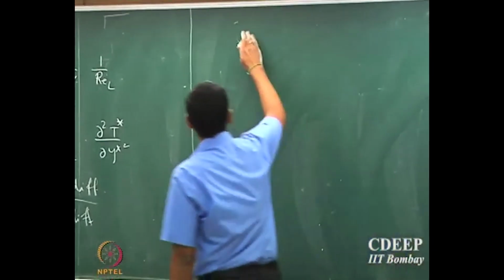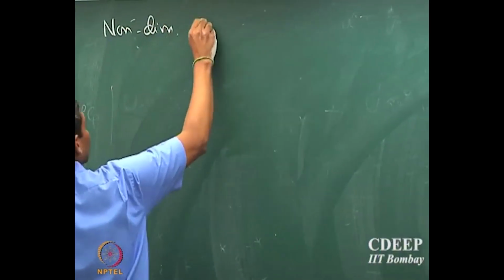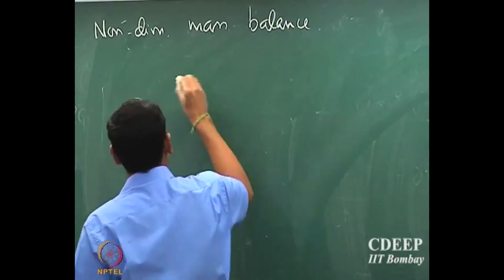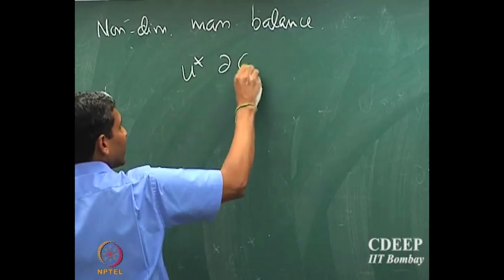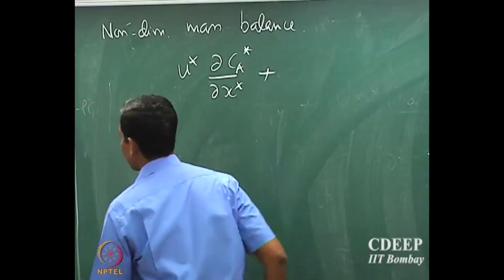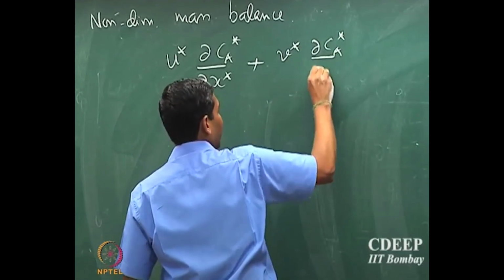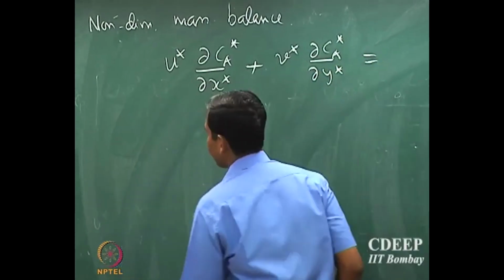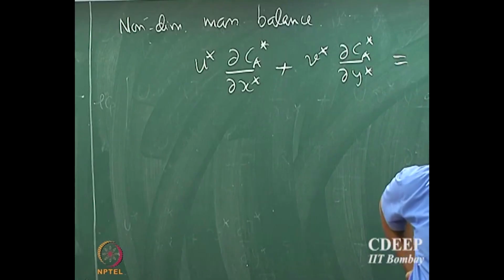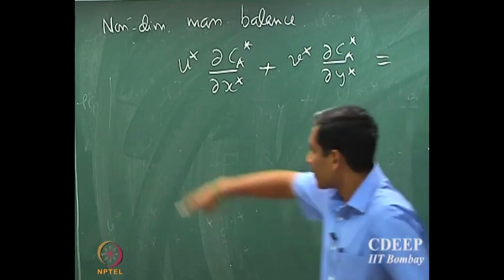Okay. So, the non-dimensional mass balance will be U star dCA star by dx star plus V star dCA star by dy star, that should be equal to, let us start from the first one.